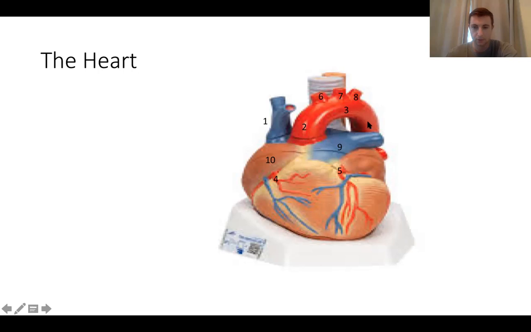This whole artery here has a name, but there's certain parts of it. So the part coming right out of the heart, and then the round part here, and then these other arteries branching off of it, which is 6, 7, and 8 here.